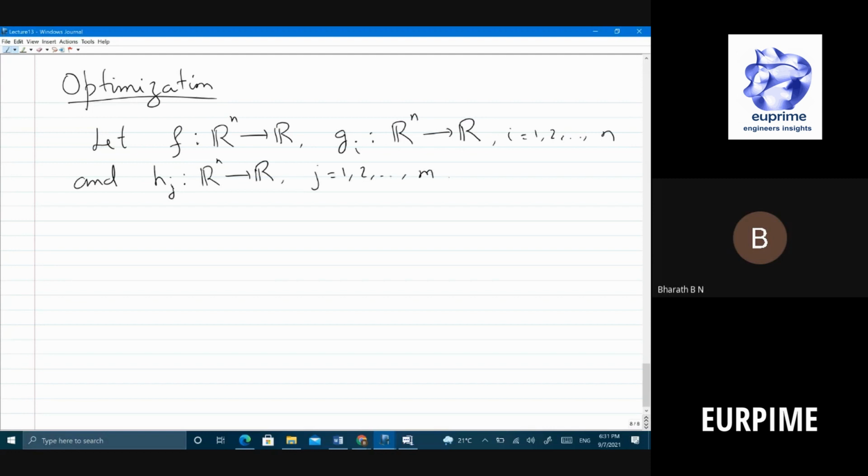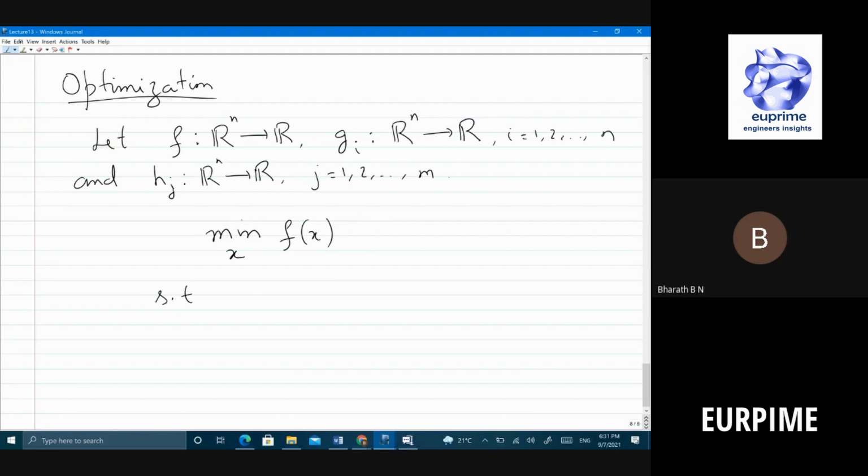You have these functions. So how does a general optimization problem look like? You minimize over all x, f of x, which is a number. So f is a mapping from Rn to R, subject to, you cannot choose any x, right?